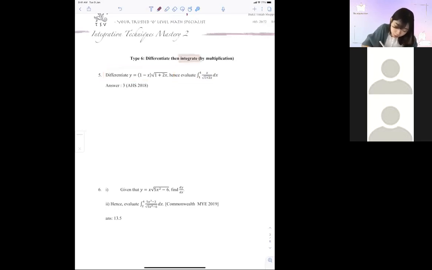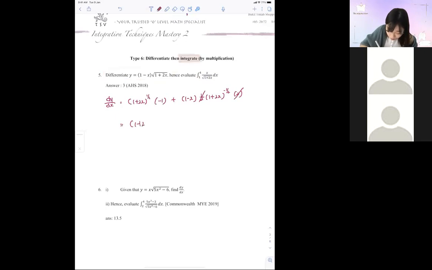So let's start by differentiating first. dy over dx is copy the back, differentiate the front, plus copy the front, differentiate the back. Then don't forget to factorize completely. Bracket power half, power minus half.